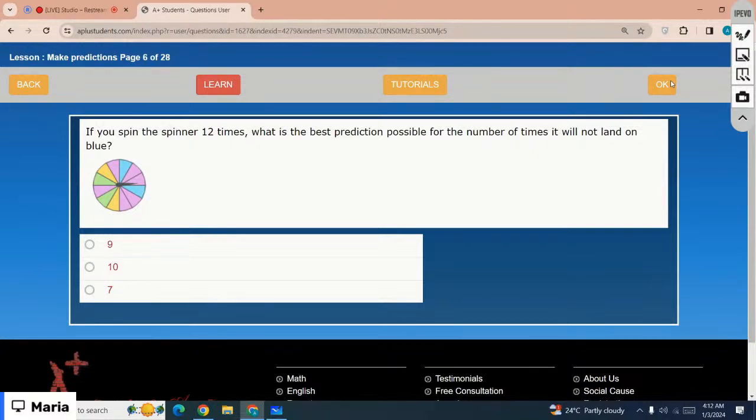If you spin the spinner 12 times, what is the best prediction possible for the number of times it will not land on blue?